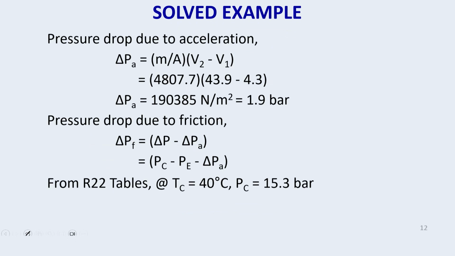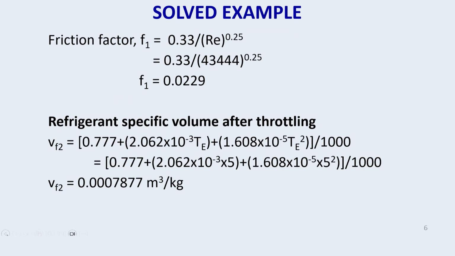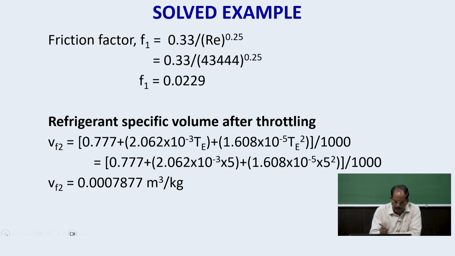Once we find the Reynolds number, we can find the friction factor f. I am finding that also at the inlet. Here the suffix 1 refers to the condenser portion, and 2 refers to the evaporator, that is before expansion and after expansion.